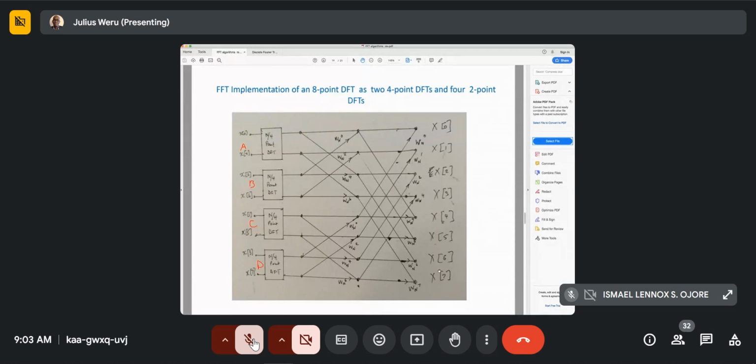If you put these bits into this in the correct order, you get 0, and then of course you are combining with the next even one, which is x of 2. This order will not be maintained.